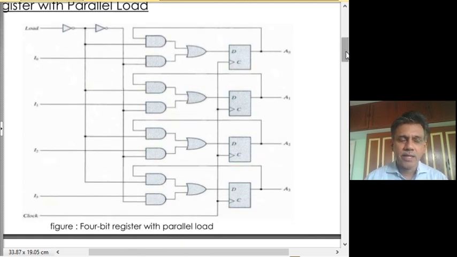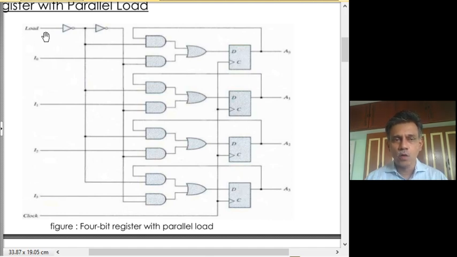So, here is the same 4-bit register, but with a little more complex circuitry that feeds the input to the flip-flops of the register, which takes one control line called the load control line. Only when the load control line is equal to 1, these 4 parallel inputs I0 to I3 will be loaded into the corresponding flip-flops or 1-bit registers of this 4-bit register.